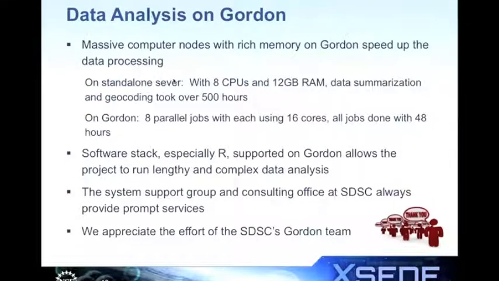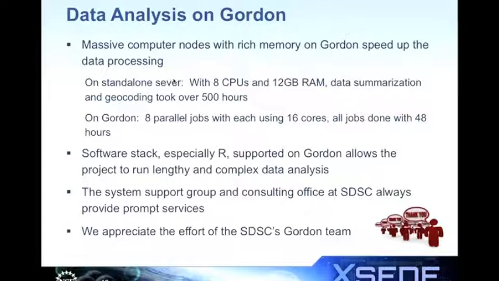Using a local computer with 8 CPUs and 12 gigabytes of RAM, the data summarization and geocoding took over 500 hours. So this looks like it's impossible. That's why we used Gordon to do this task.